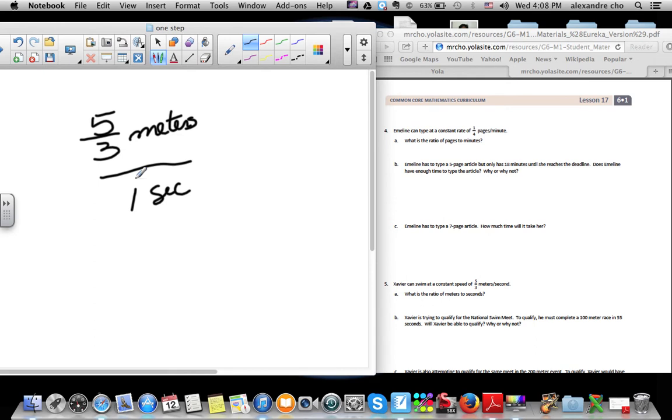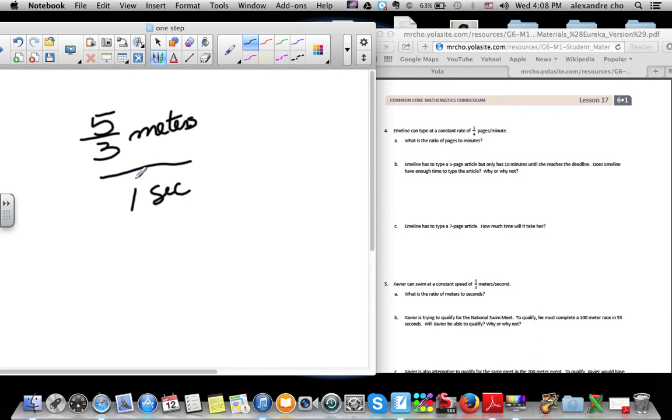But the problem when you change it to a decimal is that you're going to have to round because it's not going to be a terminating decimal. There you go, that's the word I'm looking for. You're going to get 1.6666 that goes on forever, and if you round it, it's going to be 1.67. So that might affect your answer a little bit.